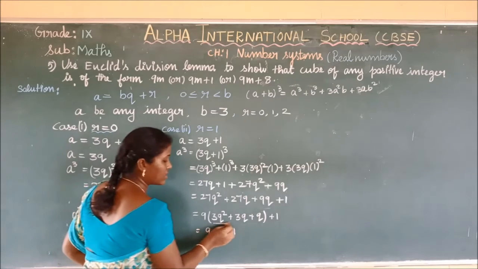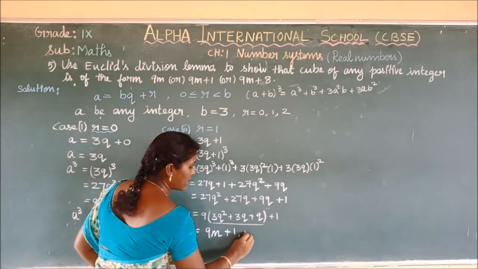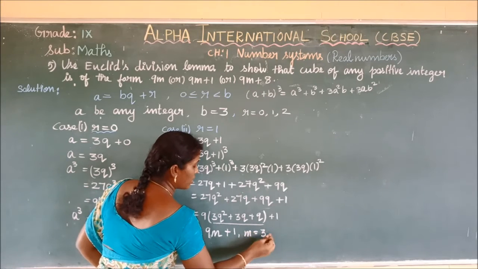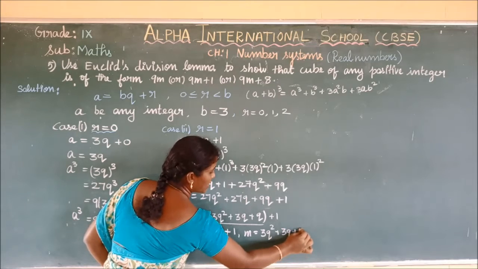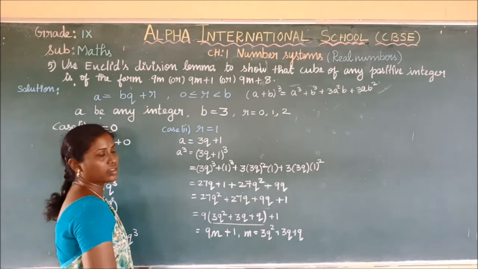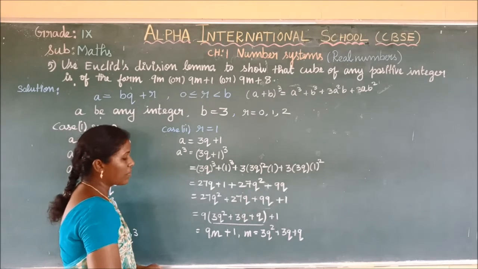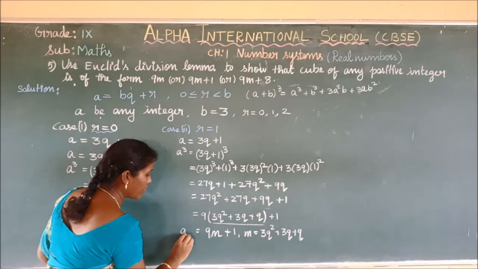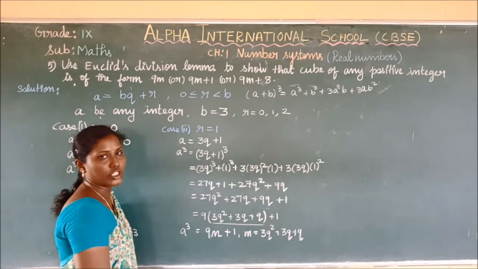This set I am taking as m, it may be any integer, so we can consider m is equal to 3q cube plus 3q square plus q. It may be any integer. So in the second case, if I cube the number, I am getting the answer in the form of 9m plus 1, for some integer m.